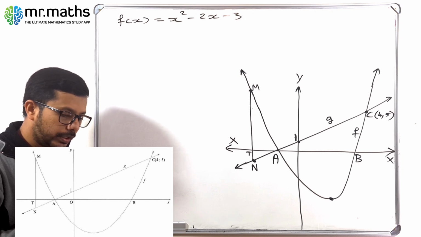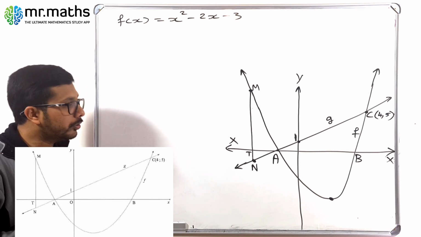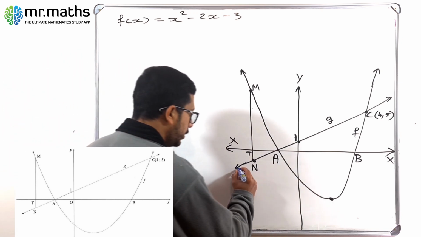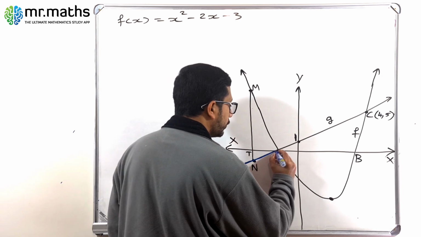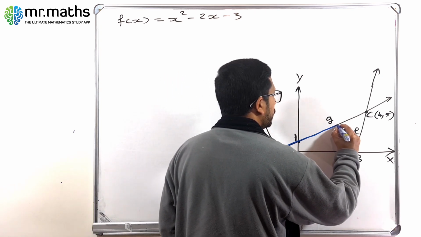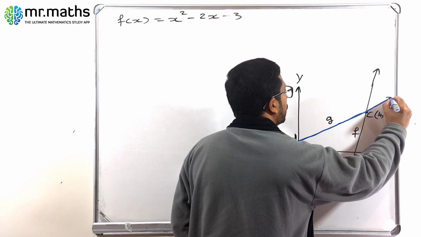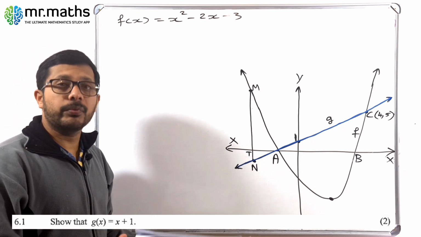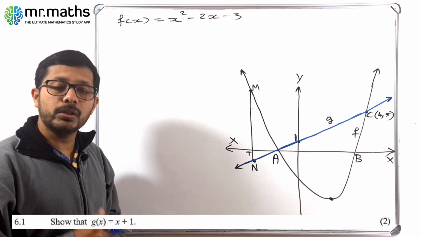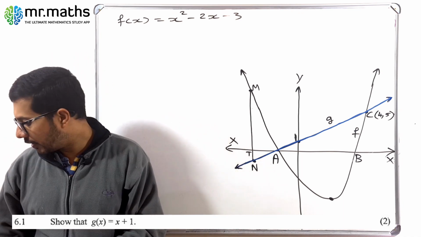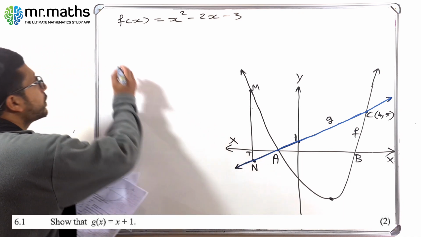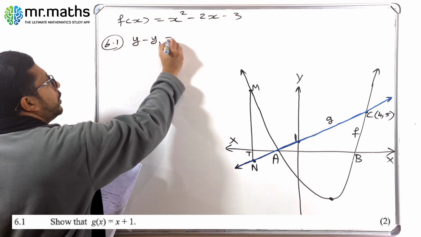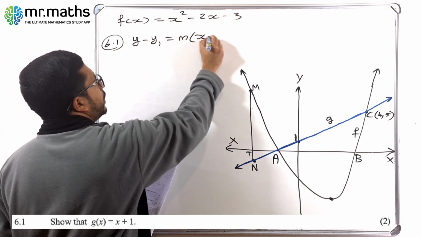Show that g(x) = x + 1. You have to show that g(x), which one is our g(x)? That straight line graph is our g(x). So in effect you have to find the equation of g(x). Since g(x) is a straight line, what is the general equation of a straight line? y - y1 = m(x - x1).